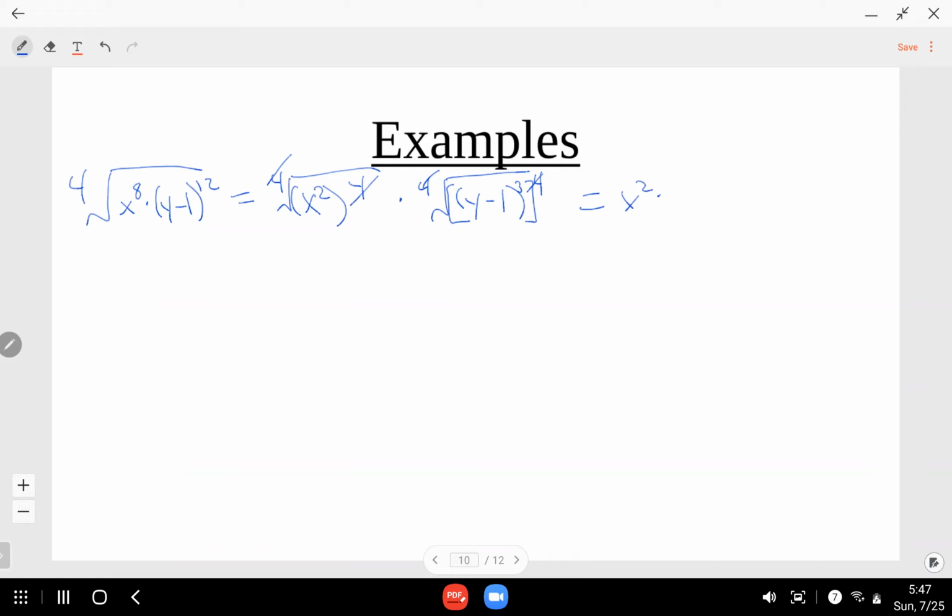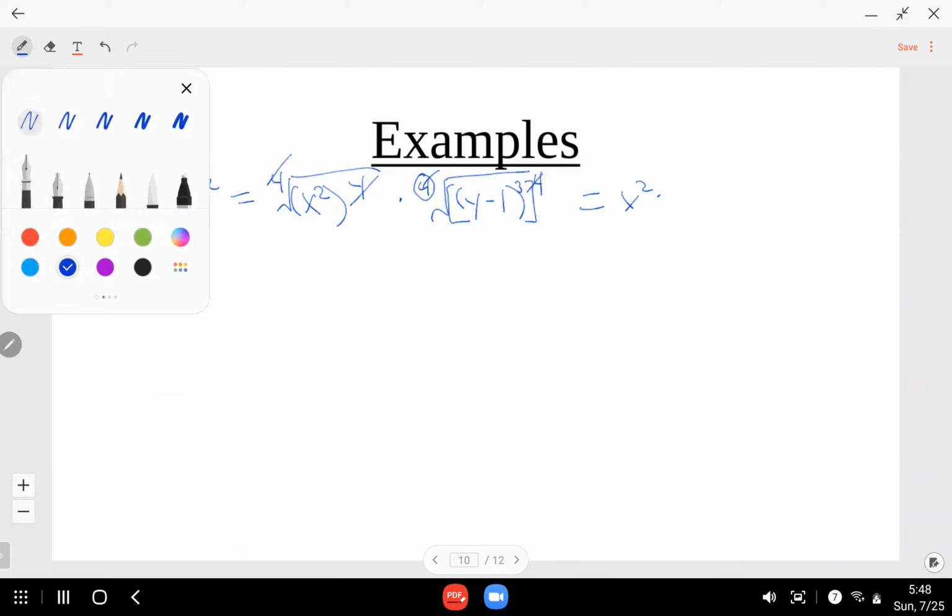But y minus 1, what if y is negative? If we have a negative number here with n as even, with 4 as an even number, then that'll be undefined, right?